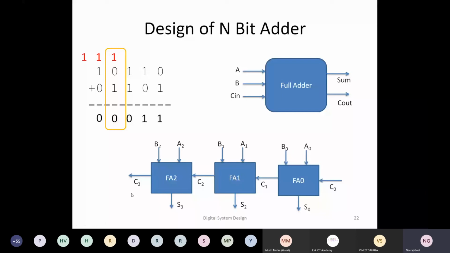The other thing, how will I give input? What will be the input of my n-bit adder? There are two possibilities. One possibility is that I give 2n plus 1 inputs. I'll give n inputs for A, another n inputs for B, and then 1 bit for C in.